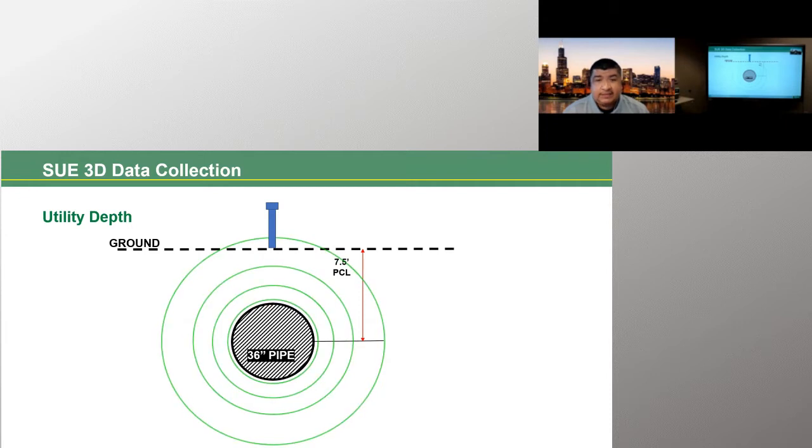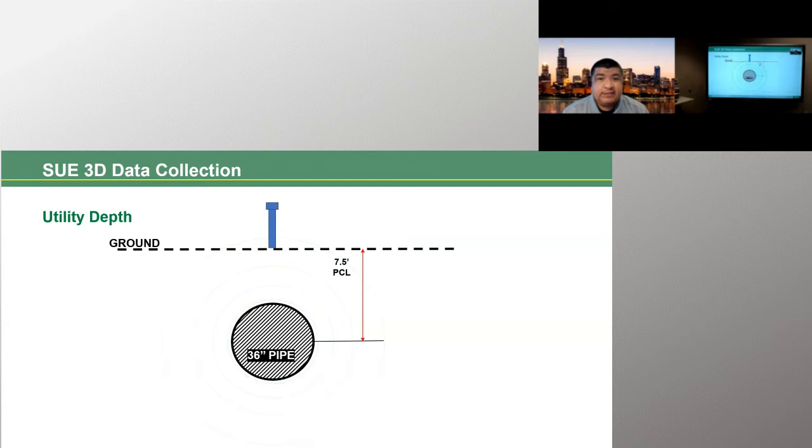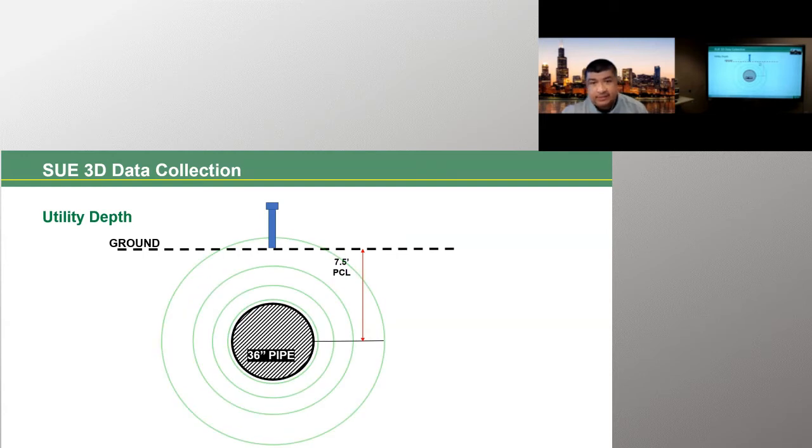So in this case, it's emitting that signal and being collected up at the surface at the receiver. And for this demonstration, this depth is calculated or estimated at 7.5 feet. So 18 inches deeper than what the GPR had estimated. So it's important to understand that, especially in the processing of 3D modeling.